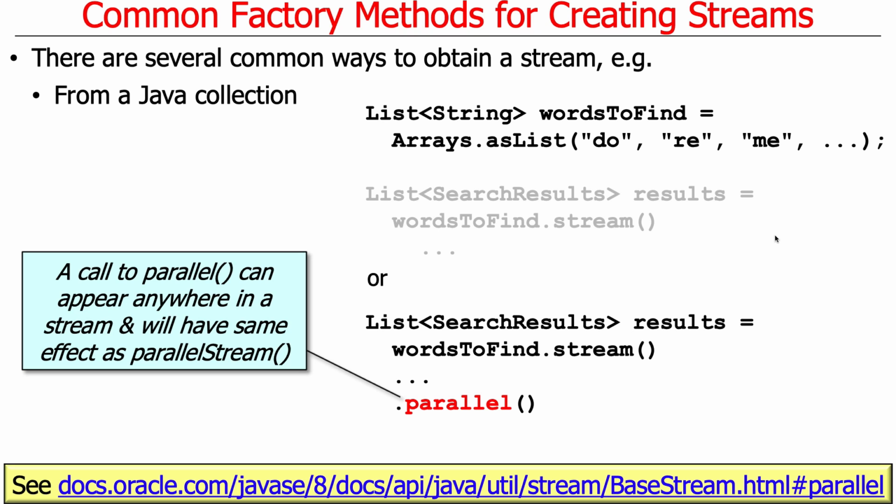And there are various reasons to do this. The most obvious reason is that you might want to benchmark your program with and without parallel streams in order to see which approach works best based on the input you're trying to process. So the ability to dynamically add the ability to parallelize or sequentialize, if that's a word, a stream is important in order to get a better sense of how things actually work.